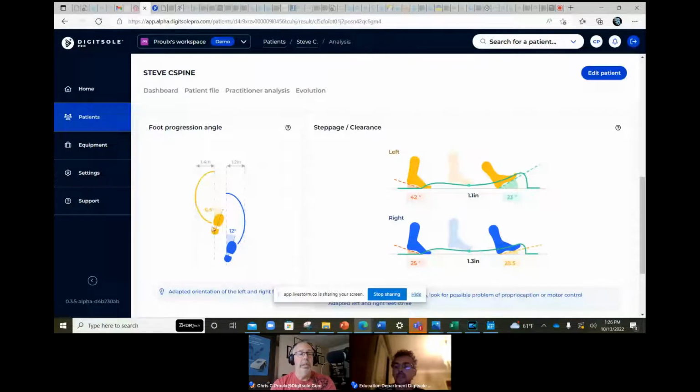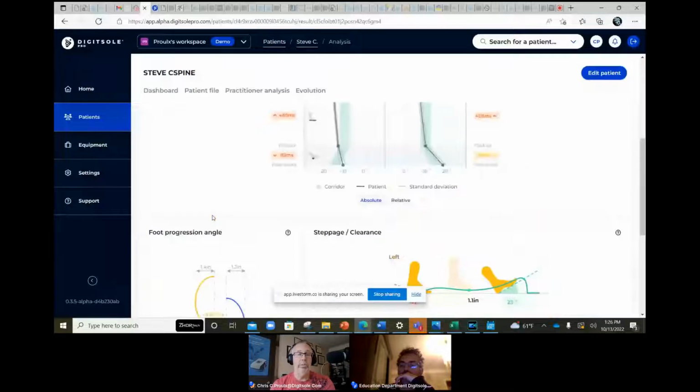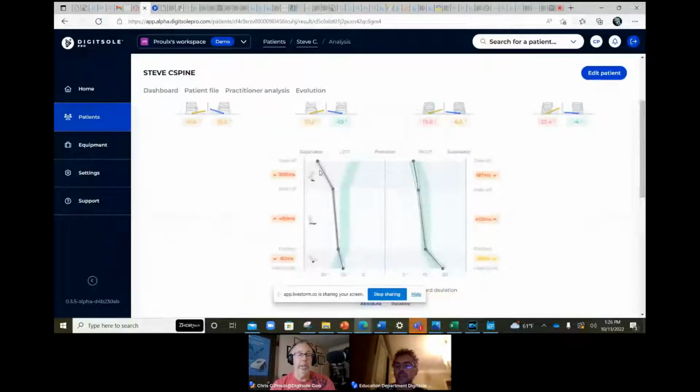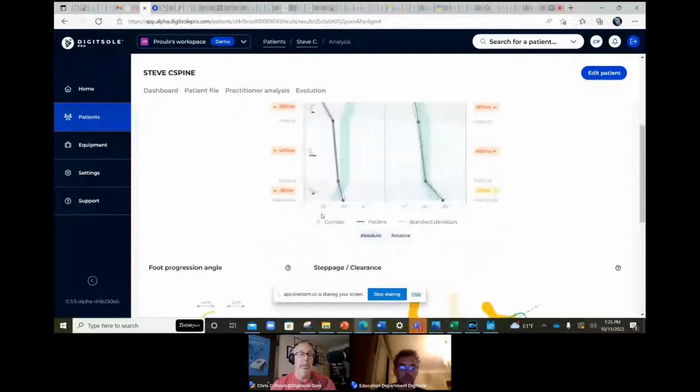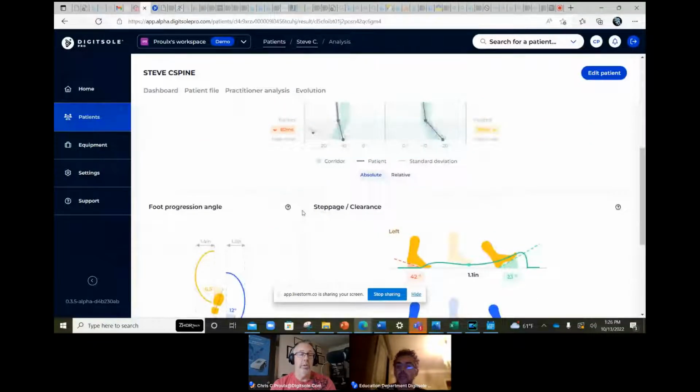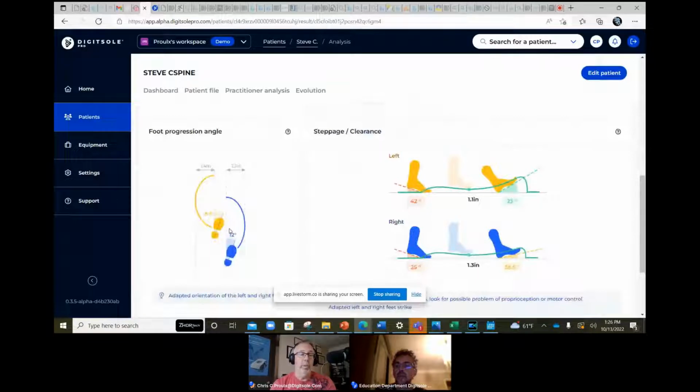So what we're seeing here in external rotation is going to be represented as a positive angle. Internal rotation is going to be a negative angle. So an internal rotation is not normal. And again, this makes sense because, going back to my pronation supination, it's represented here that he does not go onto the first and second toes like a normal person does, right?